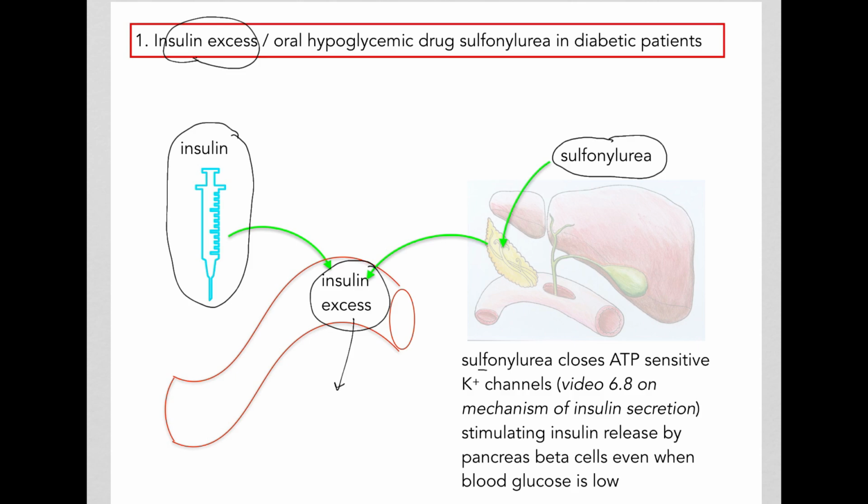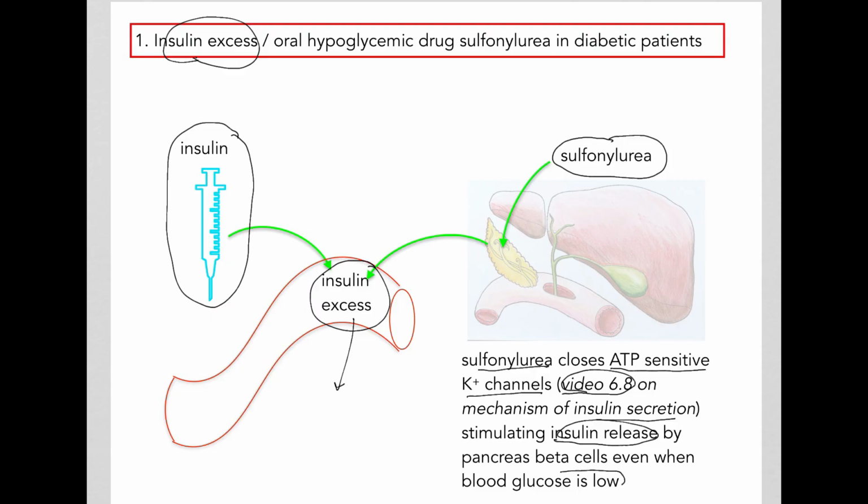Now, sulfonylurea is a drug that closes the ATP-sensitive potassium channels. Refer back to video 6.8 where we discuss how insulin is secreted by the beta cells. Okay, so this closing of the potassium channels is going to stimulate insulin release even when the blood glucose is low.